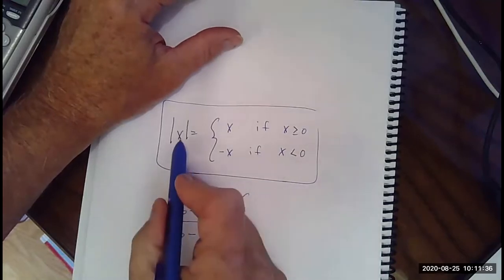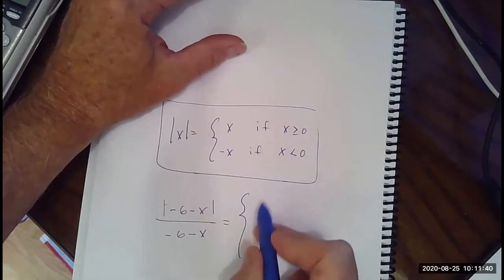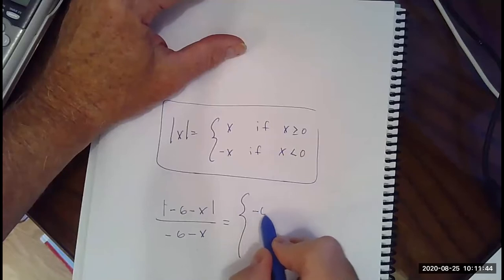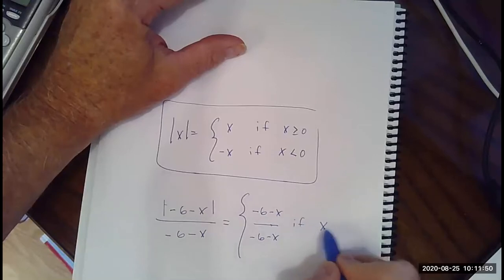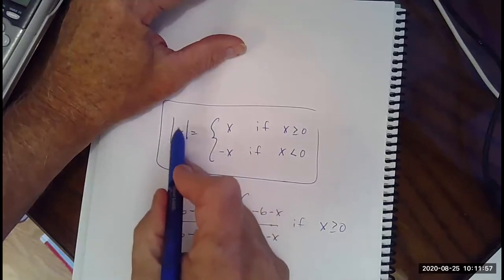Drop the bars. That's basically what they're saying: drop the bars. Let's see if I can do this right. If -6 minus x over -6 minus x, if x is greater than or equal to 0, and then it's the opposite of whatever's inside here.